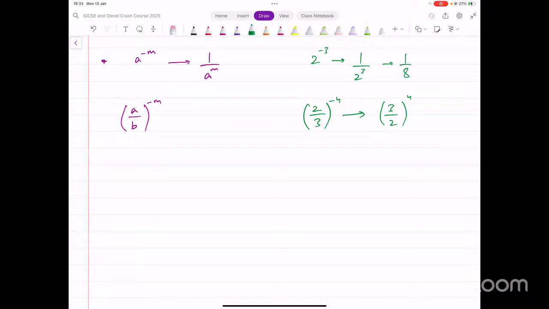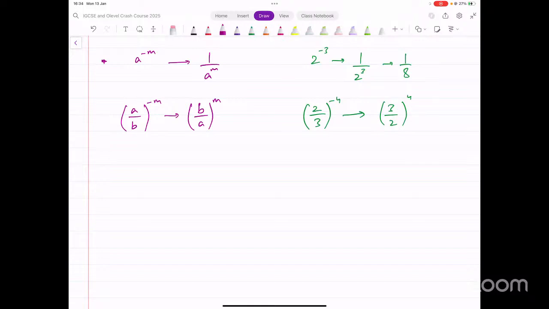Okay, so when you have a negative power, basically you take reciprocal of that to make the power positive. So in this case, if you have a over b whole raised to power minus m, you can write that as b over a whole raised to power m, and that's the same thing. Okay, so a lot of times we need to make the powers positive, that's a nicer way of writing things generally.